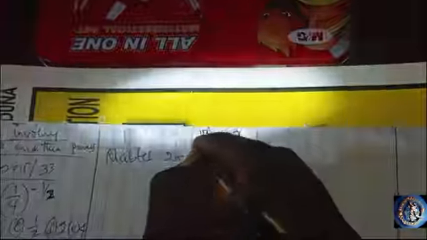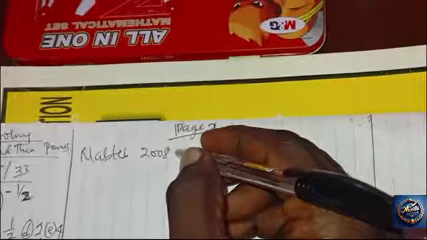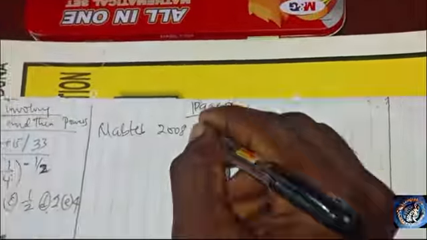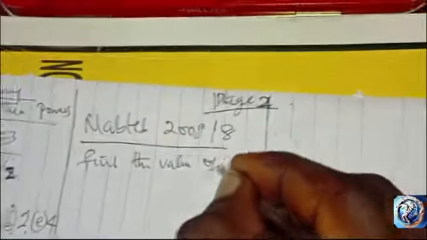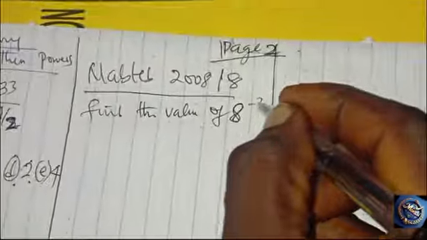So let's take another question. In this one, I'm going to take NAPTEP 2008, number 8. So we'll say find the value of 8 raised to the power of minus 2 over 3.